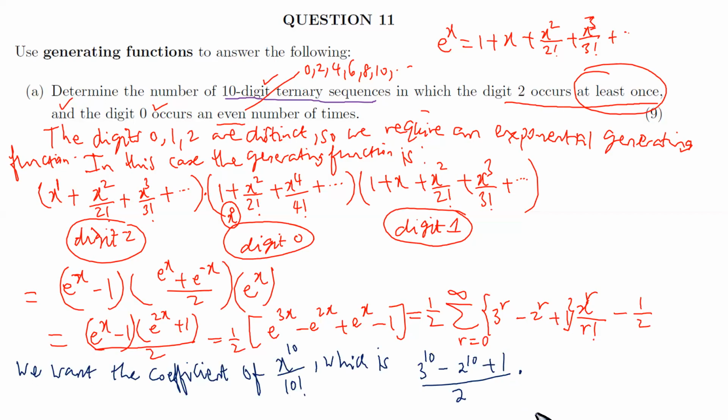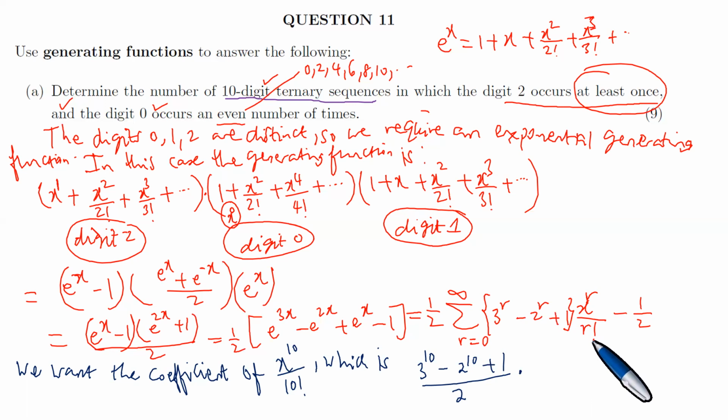Okay, so this is the answer. We want the coefficient of x to the power 10 over 10 factorial. So it's going to be when r is 10 here. When r is 10, it's going to be 3 to the power 10, 2 to the power 10 plus 1.